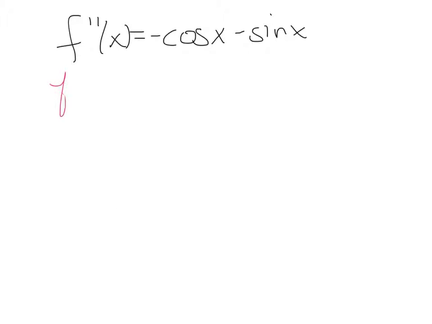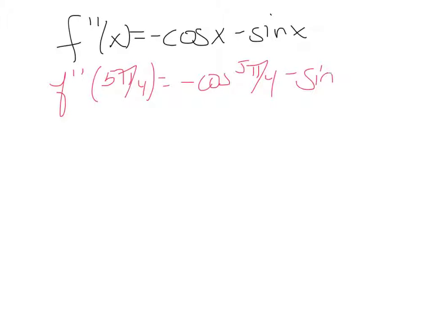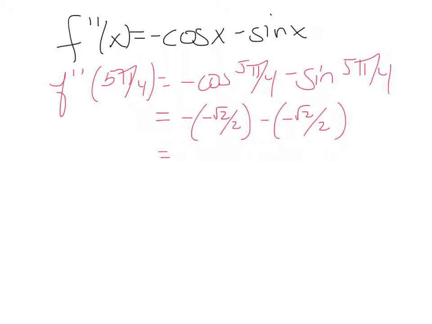So now let's try 5 pi over 4. Negative cos 5 pi over 4 minus sine of 5 pi over 4. That's going to be negative radical 2 over 2 minus negative radical 2 over 2. So both of these become positives.